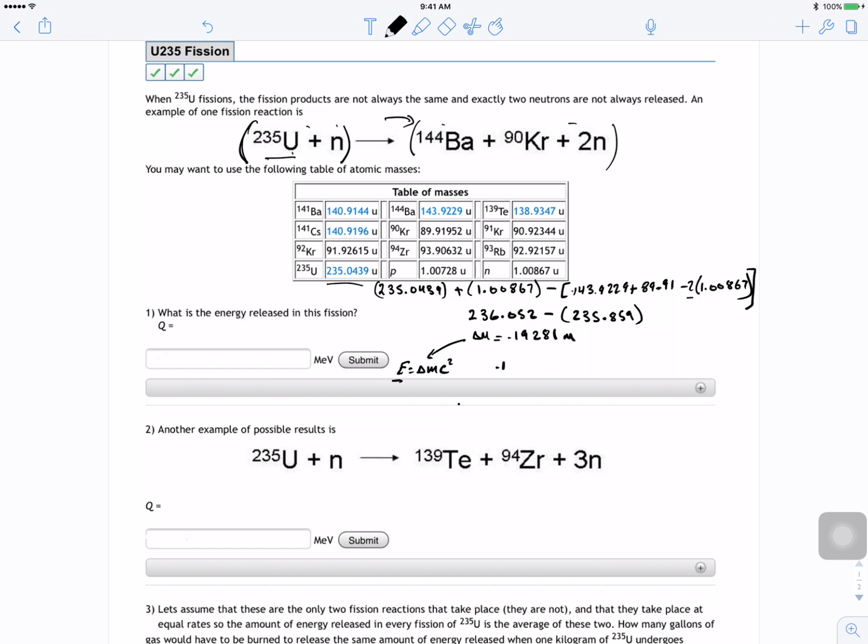So 0.19281 U, multiplied by 931.5 million electron volts per U. So each atomic mass unit equals this amount divided by c squared, and then times c squared, so we take these out and we get 179.6 million electron volts.